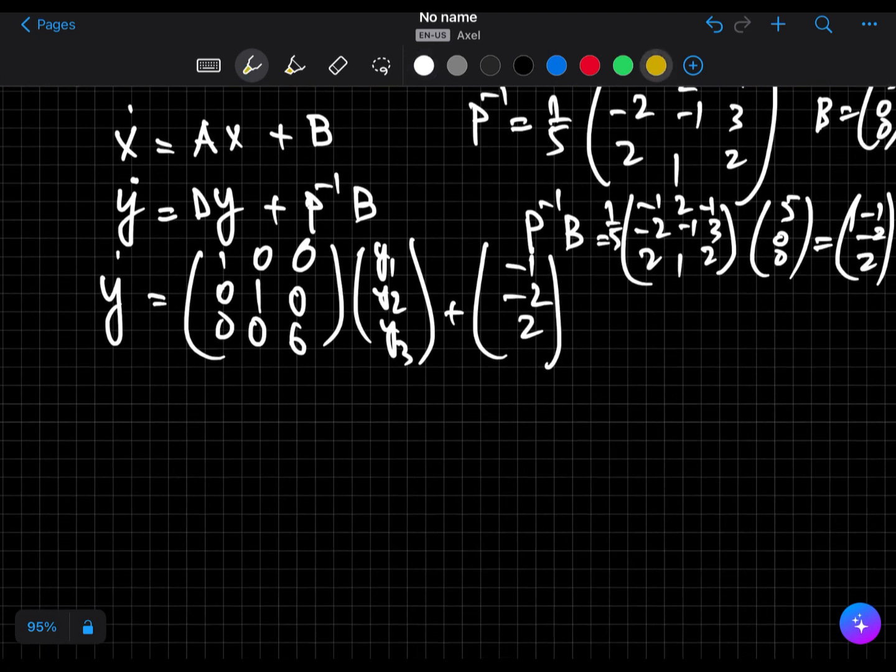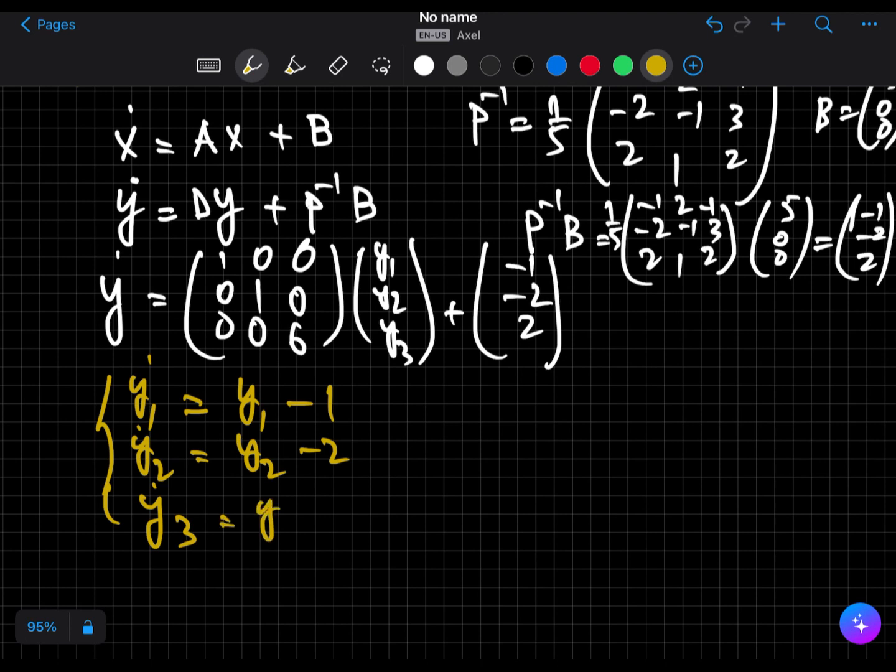So therefore we will have y1 prime equals y1 minus 1, y2 prime equals y2 minus 2, and y3 prime equals 6y3 plus 2. Now these are simple first order differential equations.